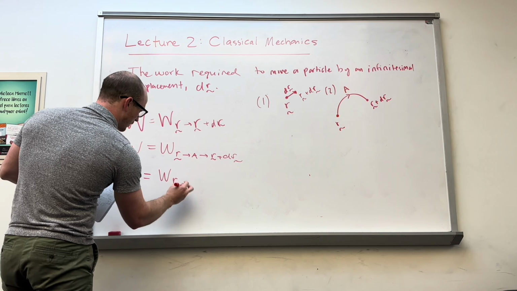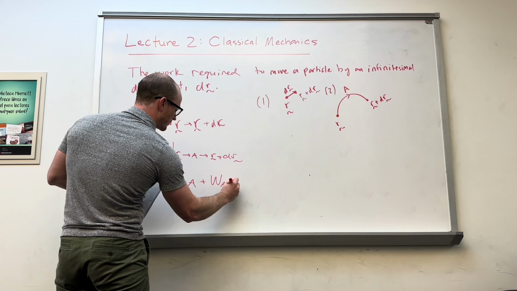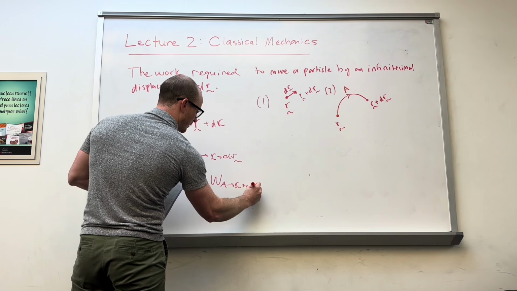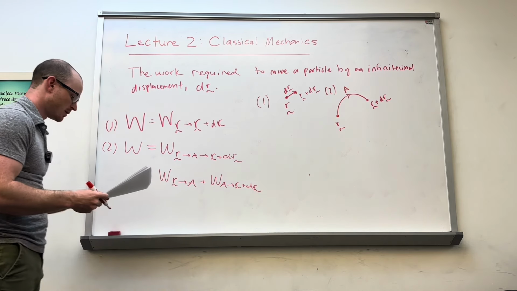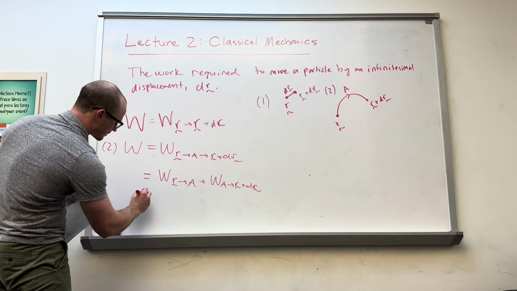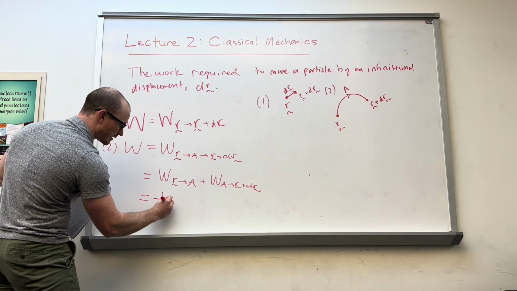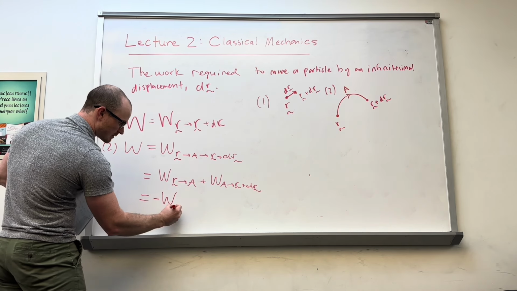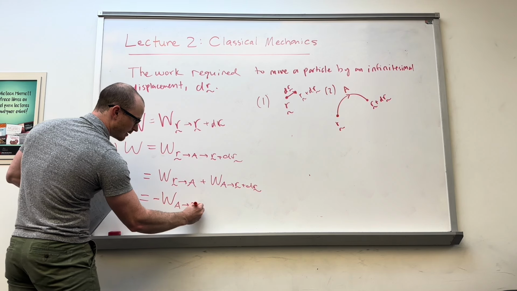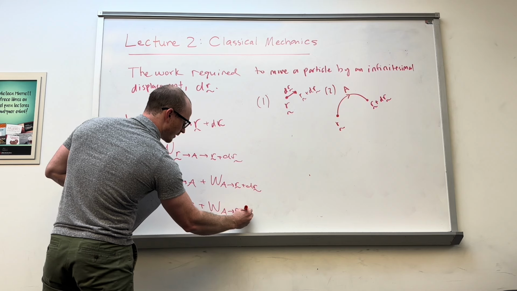We can say this is the work from r to a plus the work from a to r plus dr. And then, of course, we can flip this, as we saw last time, by just reversing the direction of the path and changing the sign. So this term is the same as minus the work from a to r plus the work from a to r plus dr.